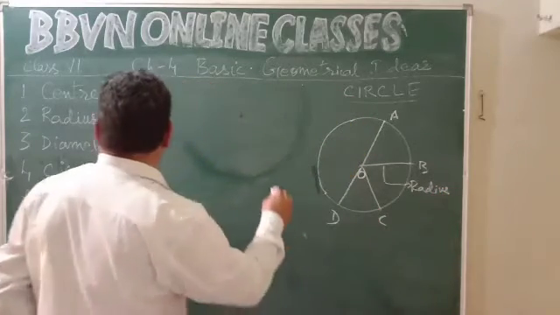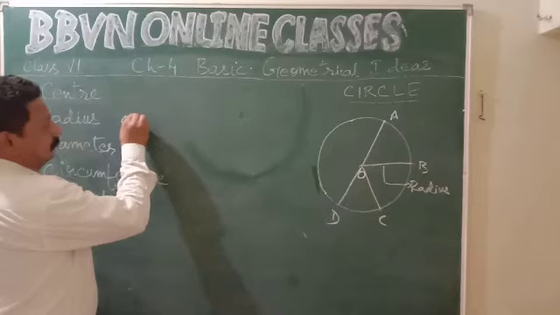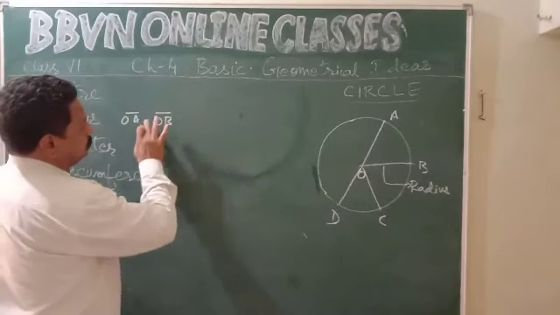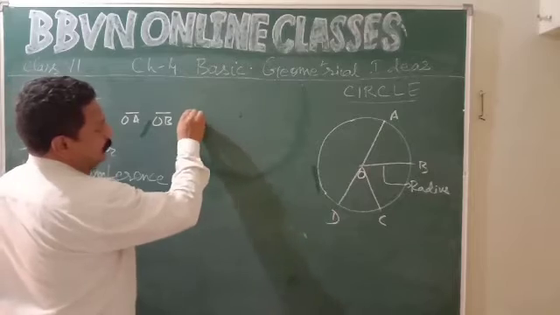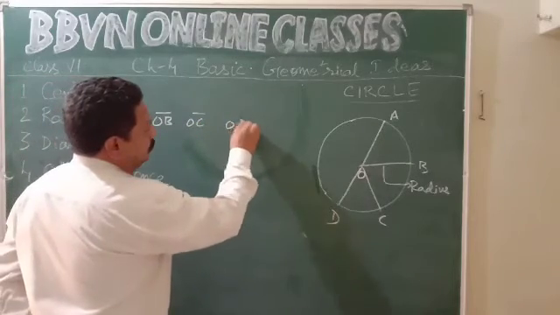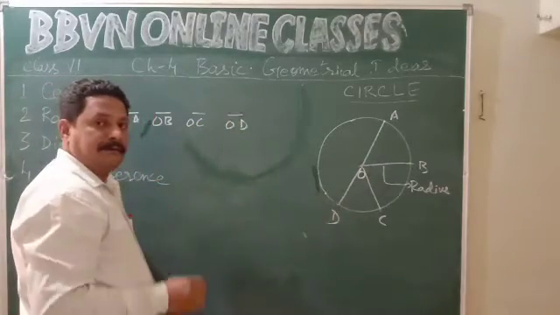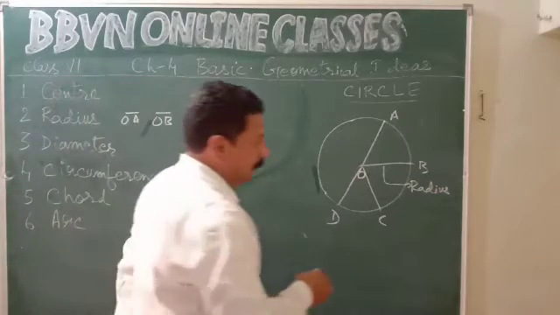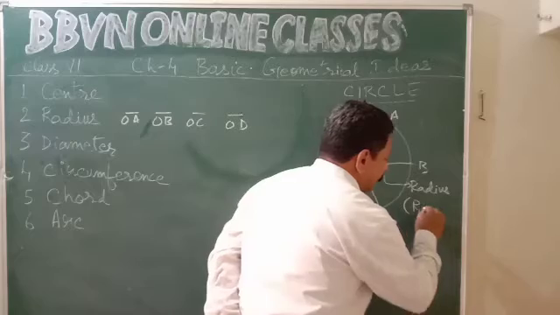So all the line segments OA, OB, OC, OD are individually called radius, and collectively, if I have to use the plural, I can use radii.